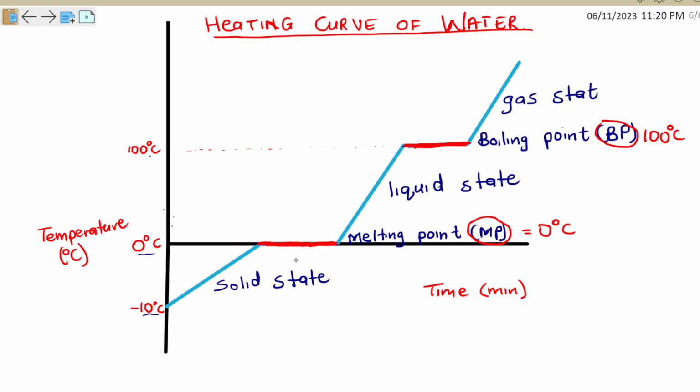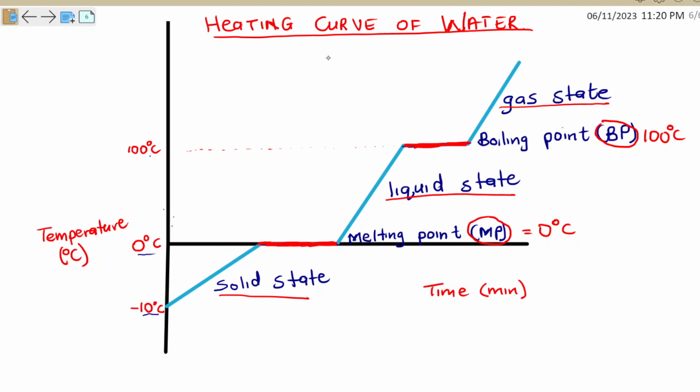So we have 3 states of water. Water in a solid state is below 0 Celsius degrees. We have a liquid state that is between 0 and 100 Celsius degrees. Then above 100 we have a gas state. This is a gas state of water. So we call this curve the heating curve of water.